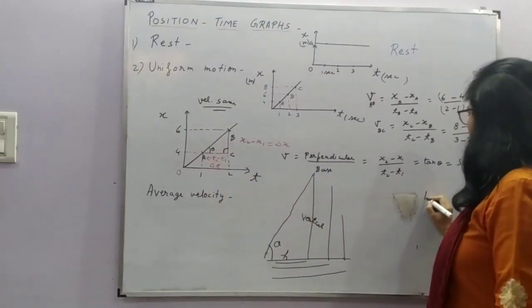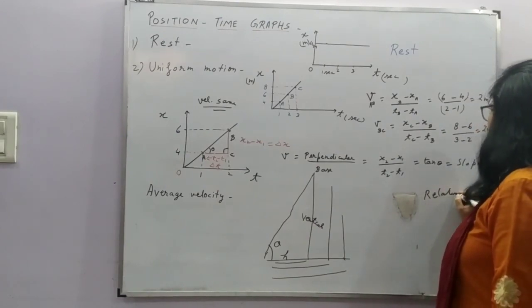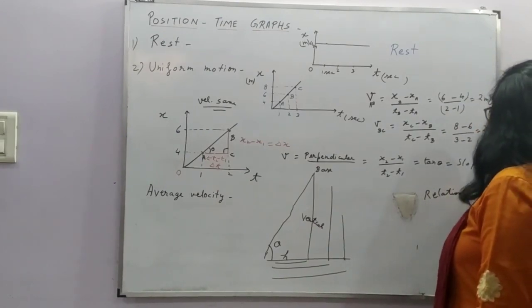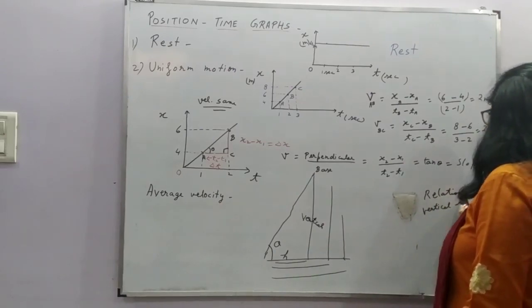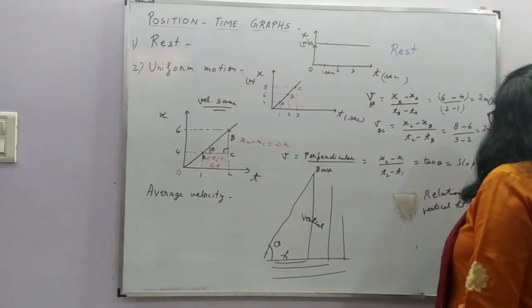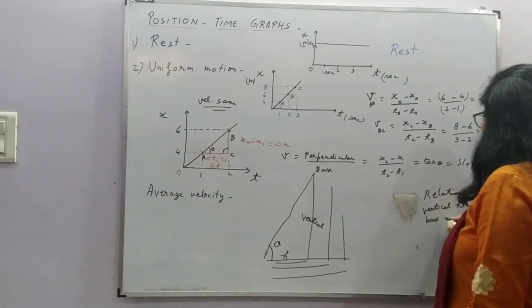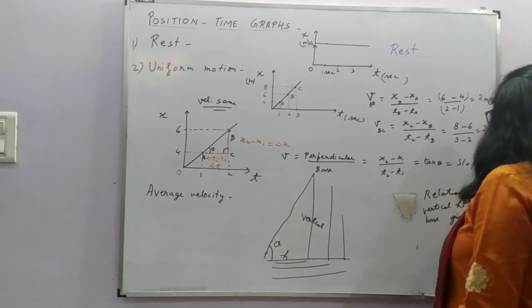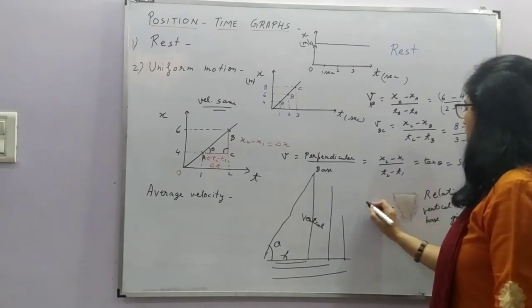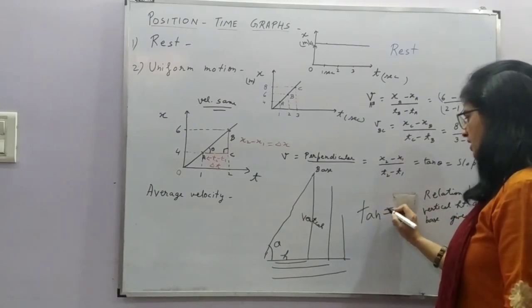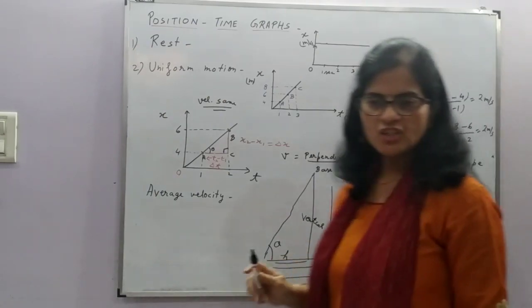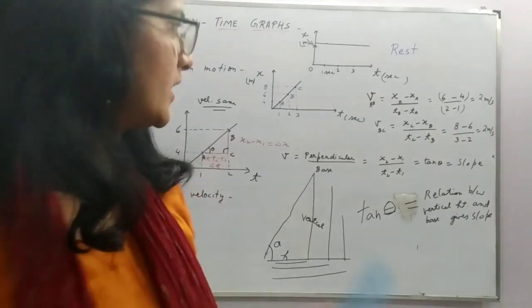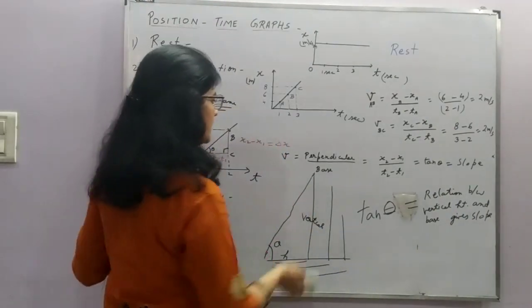So in short, the relation between vertical height and base gives the slope. That's why this is also called tan theta, because tan theta gives us the relation between the vertical height and the base.